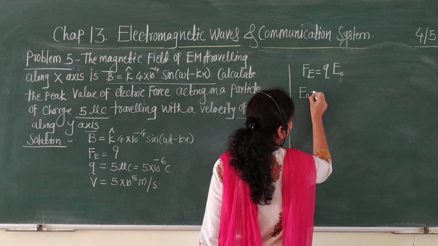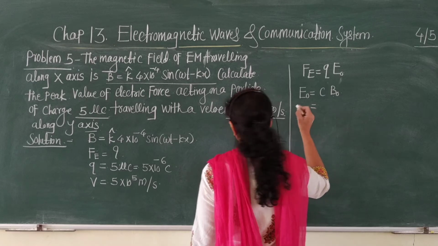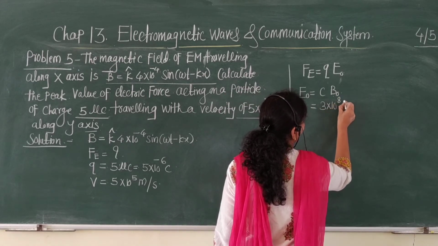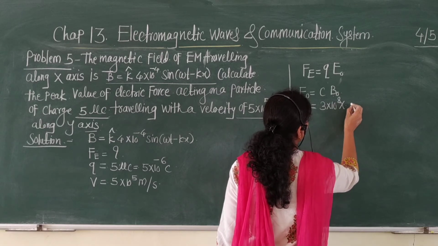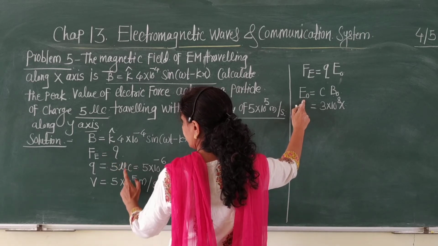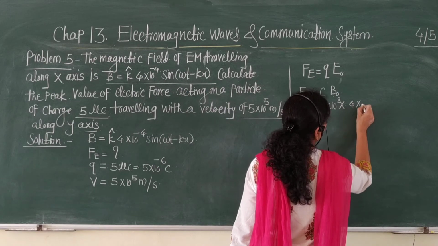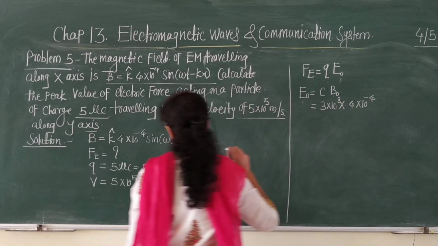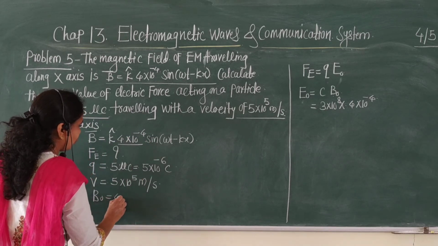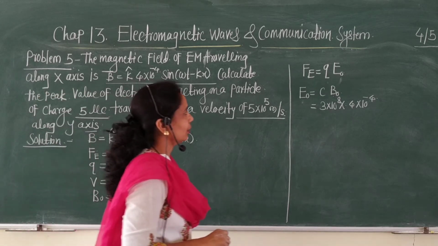E naught is equal to C into B naught. Therefore, C is the velocity of light, 3 into 10 raised to 8. B naught is given, it is 4 into 10 raised to minus 4 Tesla.